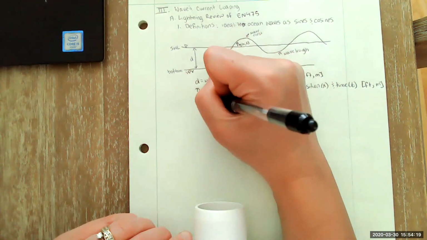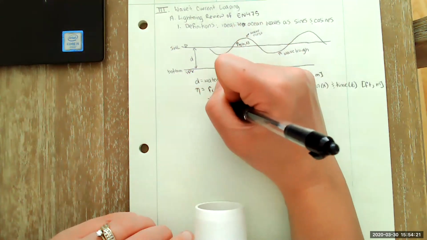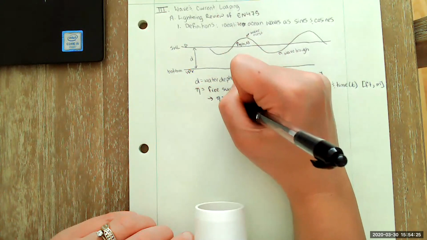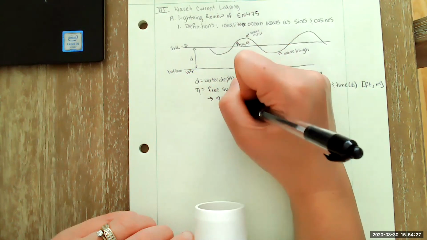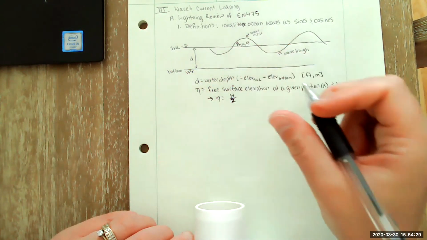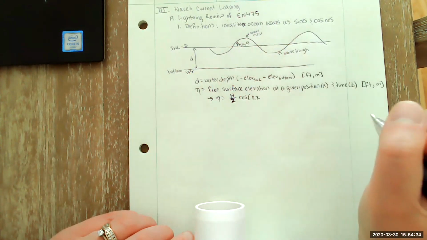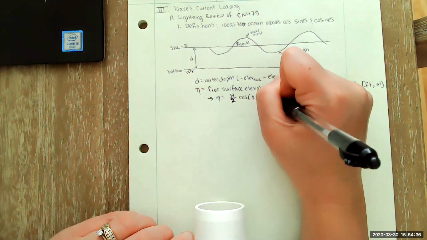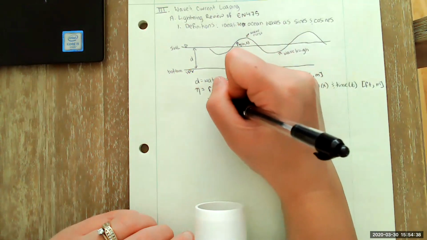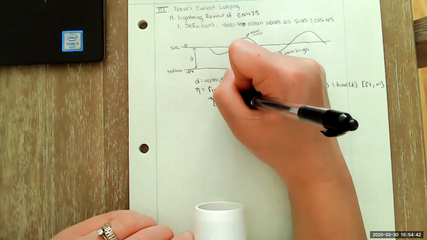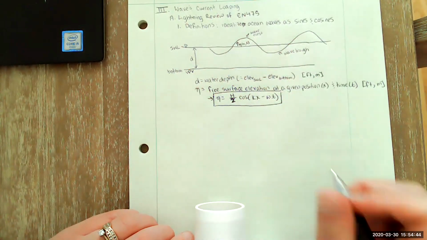And we have an equation for eta, again, simplifying this as a sine and cosine. We have eta is equal to 1/2, so h over 2, 1/2 times my wave height, times the cosine of k times x, my position, minus omega times t. So more on my wave number k and my frequency omega coming up.